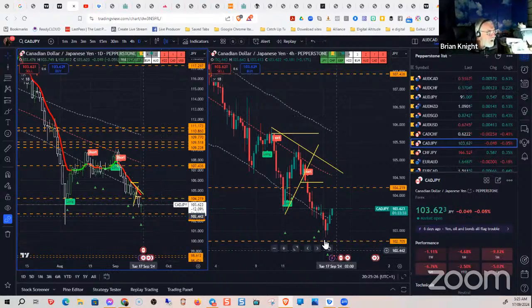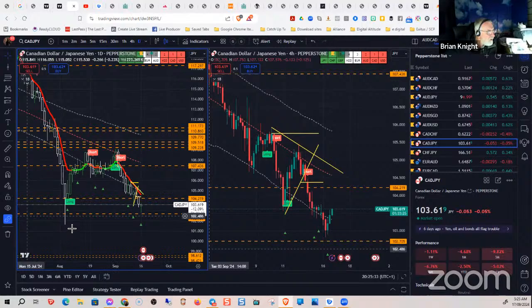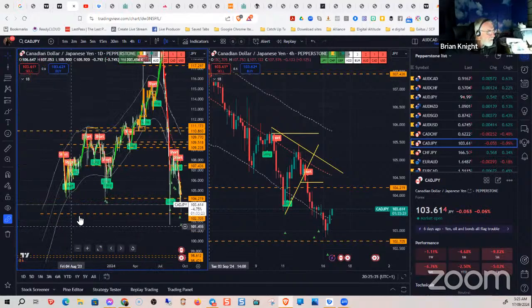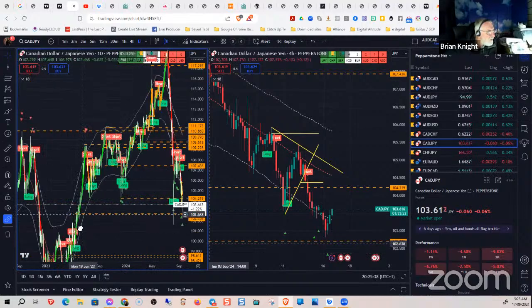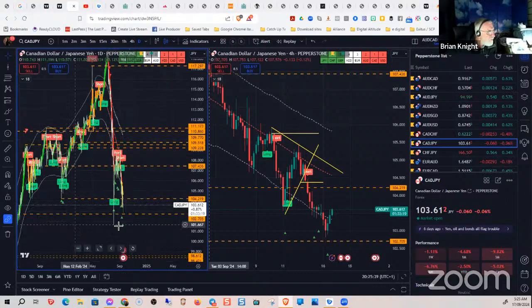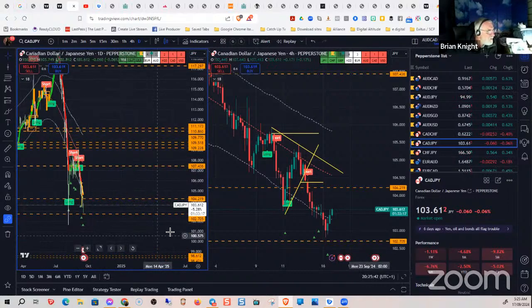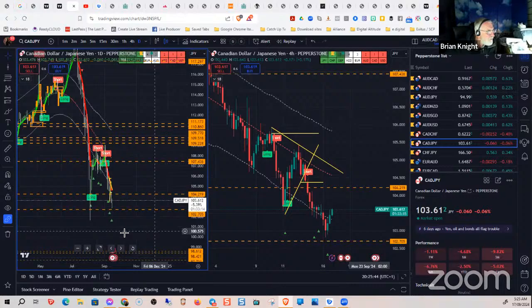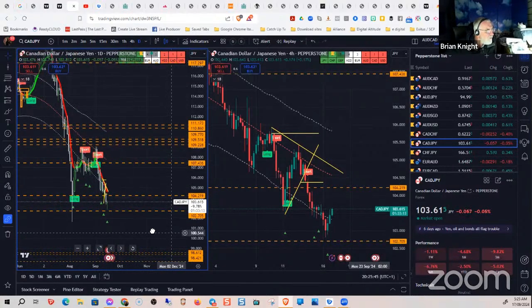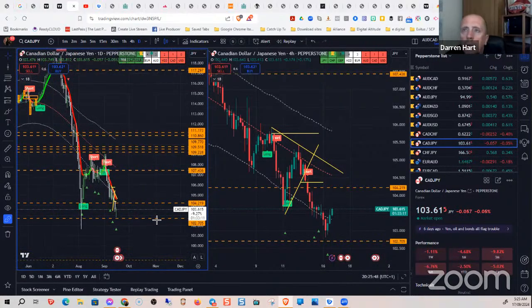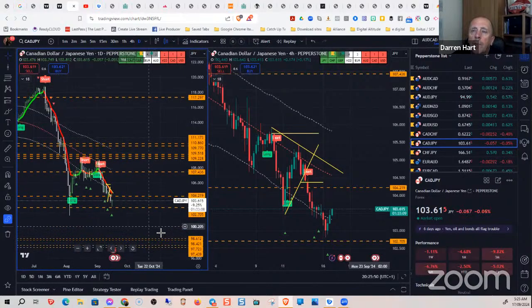Look at that, how it came down to just within a whisker of a previous low over here. See this over here. You still in this one, Darren, too? No, I took a small loss on this one.